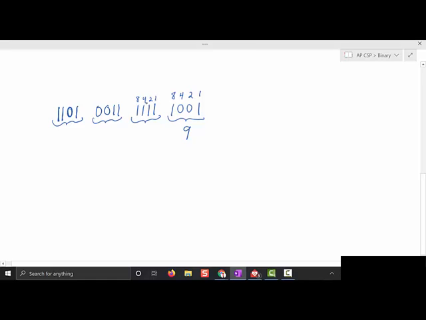So 8 plus 4 is 12, plus 2 is 14, plus 1 is 15. And again, 8, 4, 2, 1. So this is a 3. And then 1, 2, 4, 8. So in binary, this would be 12, plus 1 would be 13.